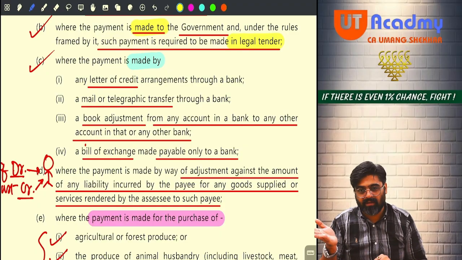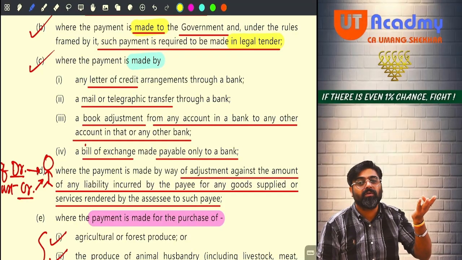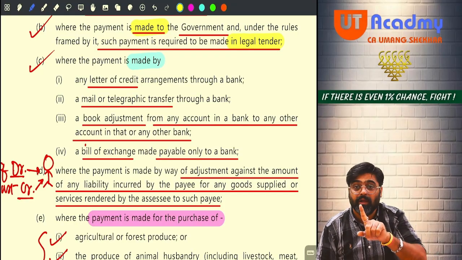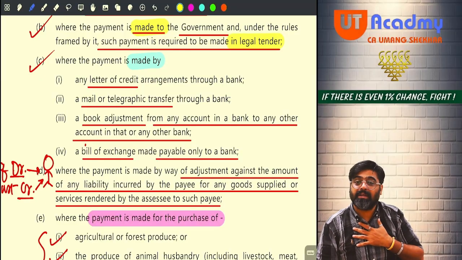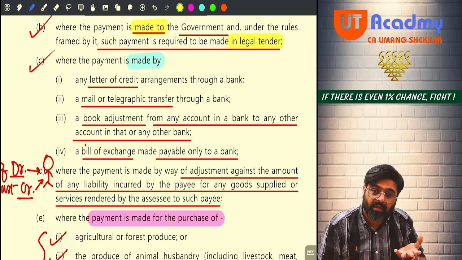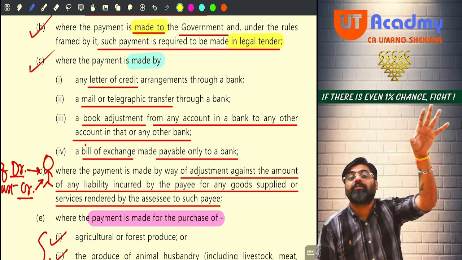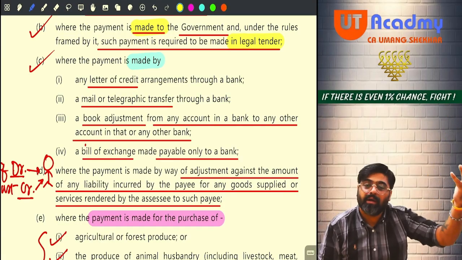So I will tell my bank that from my account, transfer this much fund to Kaushik's account, which is there in the same bank. Or it may be in some other bank also. But as per my instructions, my bank from my account will transfer the amount to his account, whether his account is in the same bank or any other bank.